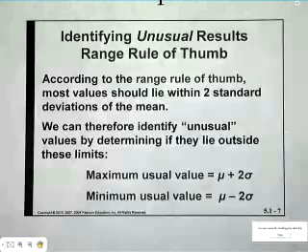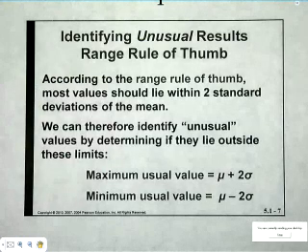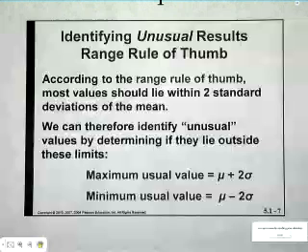Just like we have identified usual and unusual values before, we want to do the same thing with probability distributions. We want to use our probability distribution to say which values we would consider usual and which values we would consider unusual or shocking.